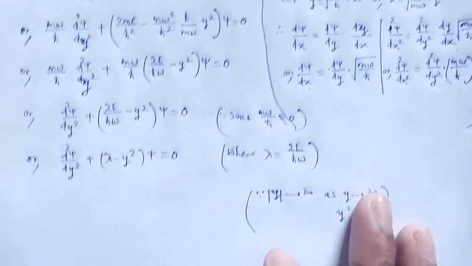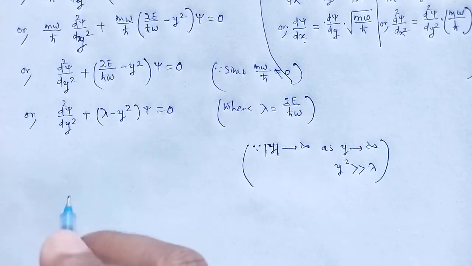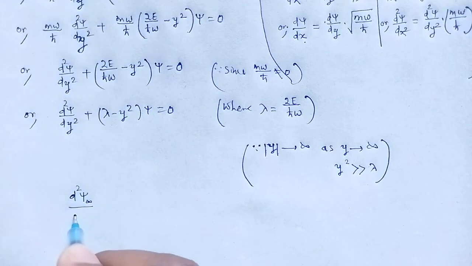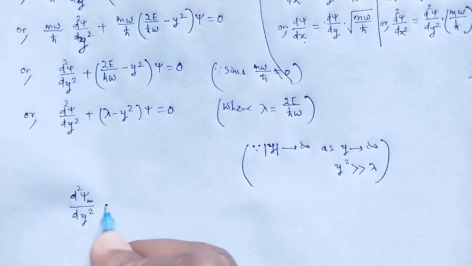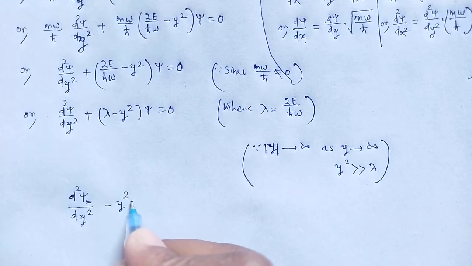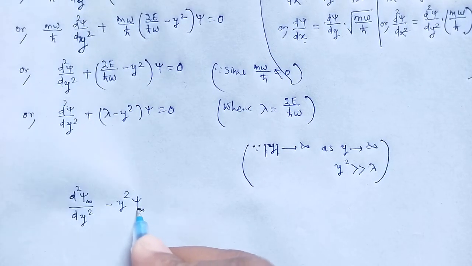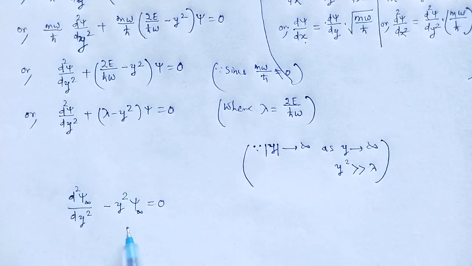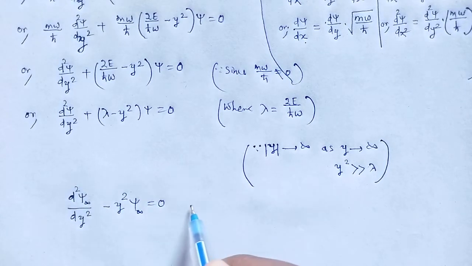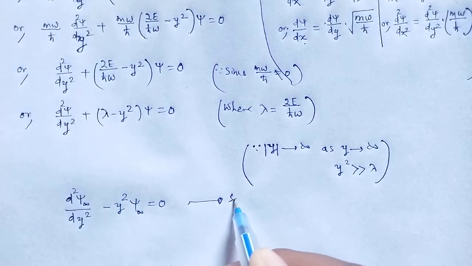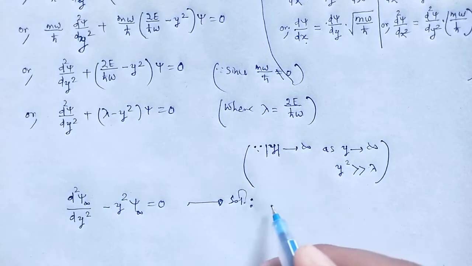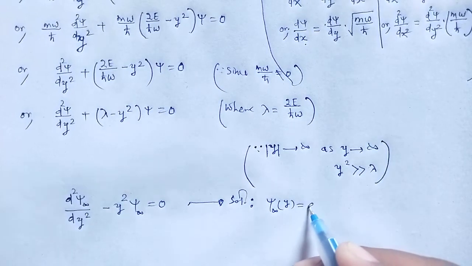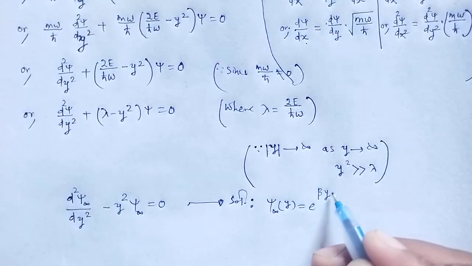So that equation can be changed to a new form: d square psi infinity by dy square minus y square psi infinity is equal to 0, and let its solution be in the form psi at infinity of y is equal to e to the power beta y square.